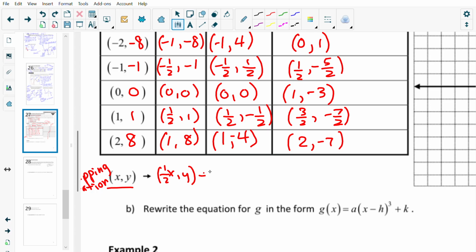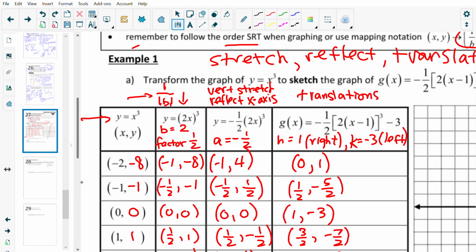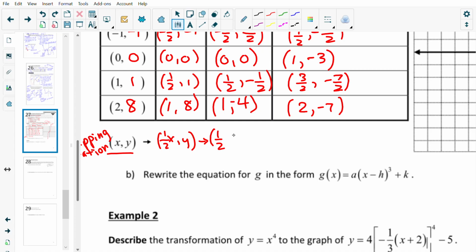Something I forgot to do here is let's do our mapping notation. So next part, this is for that vertical stretch and reflection. So 1/2 x, and then our vertical stretch and reflection. So this is original. This is horizontal stretch.